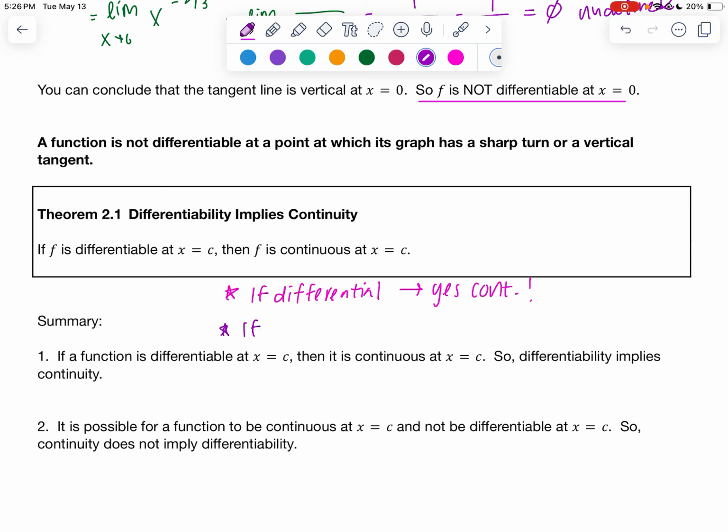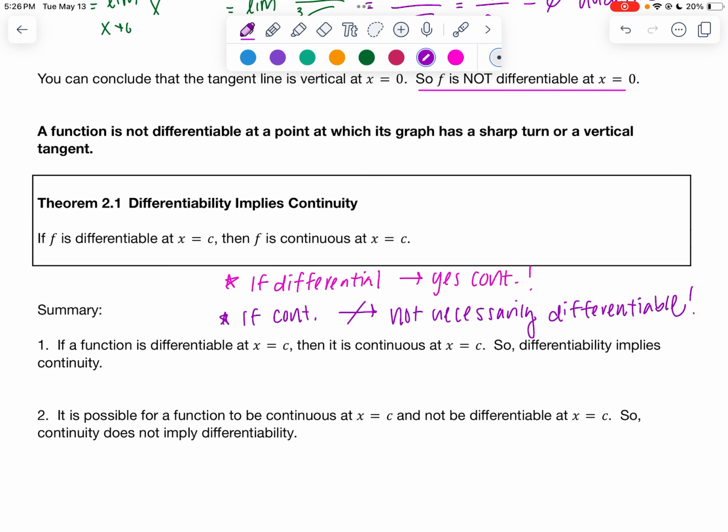Then we have if continuous, this does not mean, so not necessarily differentiable. And I did not say differentiable. Okay. These are completely different things. So if differentiable, then yes, continuous. If continuous, this does not mean that it is differentiable, right?